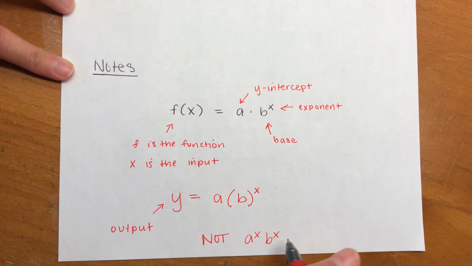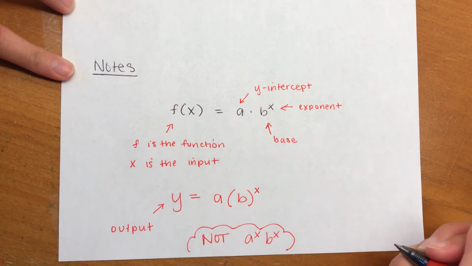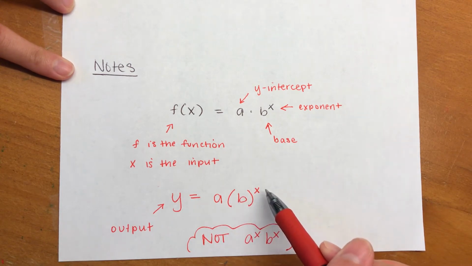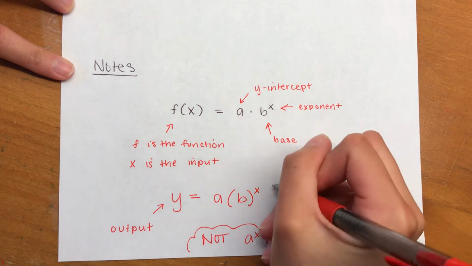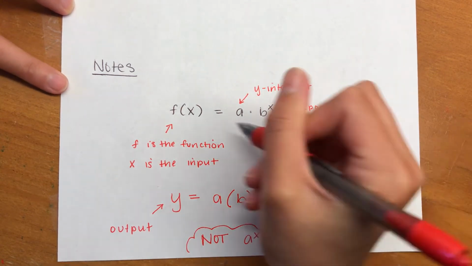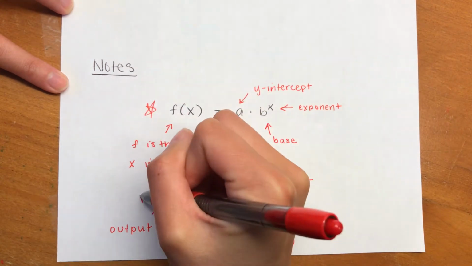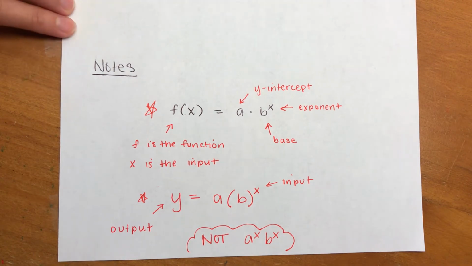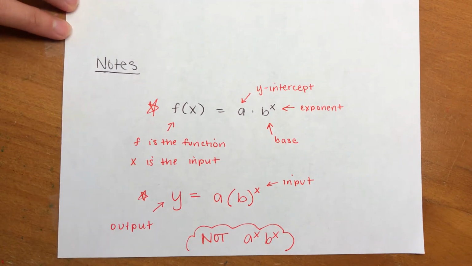So we will not be doing that. Otherwise, everything else is still the same. We still have our y-intercept, our b base, and our exponent, which is our input. I can say that again, too. Okay, so these two things are totally equal. We do not ever want to see the exponent applied to both. That's not one of our properties of exponents.